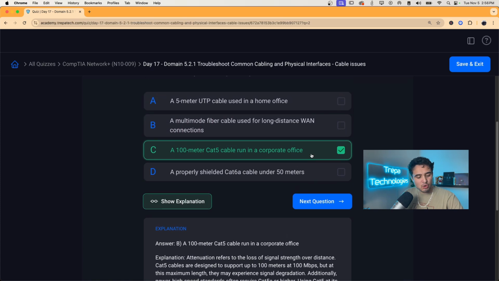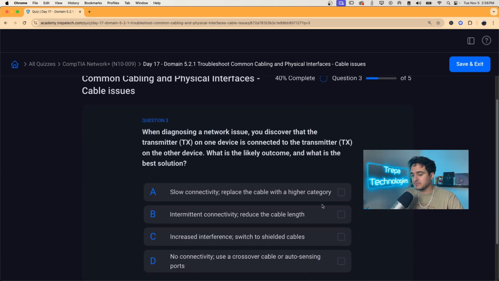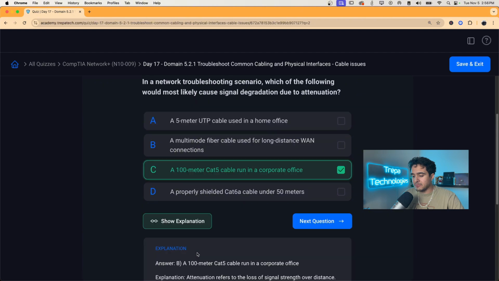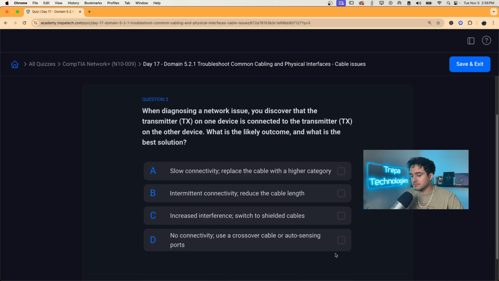So they can do it, but you may experience some, because attenuation doesn't mean complete signal loss, right? And just to go down here, multimode fiber for long distance WAN connections, obviously that can't be used, right? So you wouldn't experience degradation. It just straight up wouldn't work, right? It would just be signal loss.